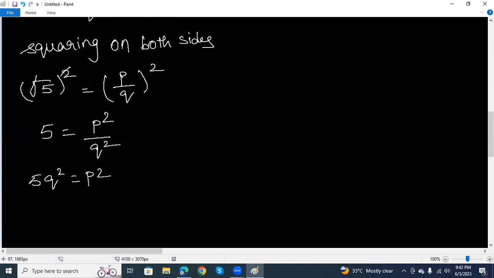That means this 5 is dividing p square, right? If I transpose this 5 to the other side, it becomes q square is equal to p square by 5. Here, 5 divides p square. If 5 is dividing p square, it means 5 divides p also, right?